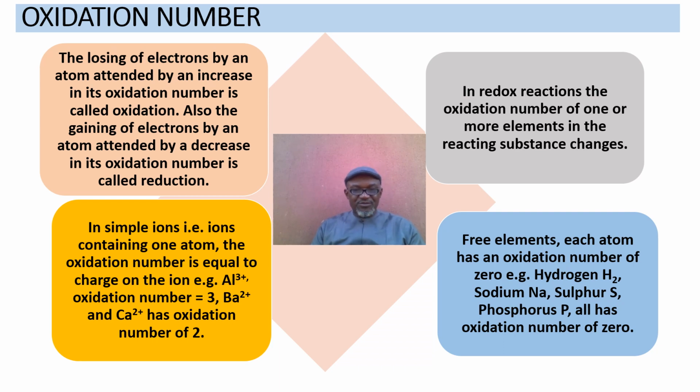Also, aluminium Al 3 plus, the oxidation number is plus 3. Barium Ba2 plus, calcium 2 plus, the oxidation numbers are plus 2. Cl minus, the oxidation number is minus 1. So for simple ions containing one atom, the oxidation number is equal to the charge on that ion.